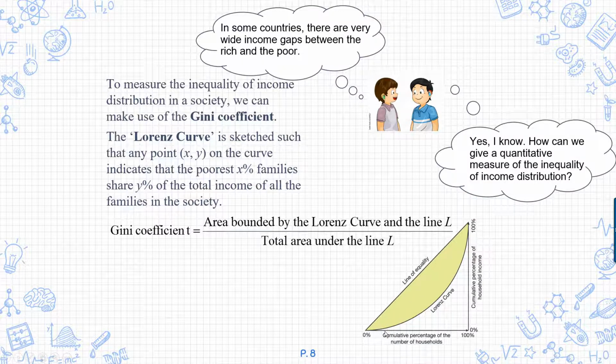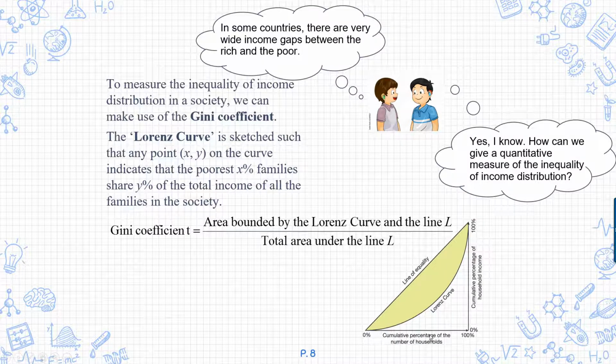See, this line is the line of equality. Ideally, this is where our society must fall. But the Lorenz curve is something that lies below this line of equality.